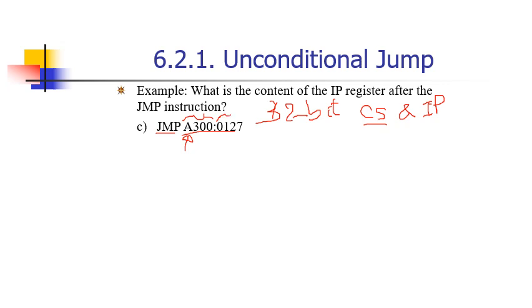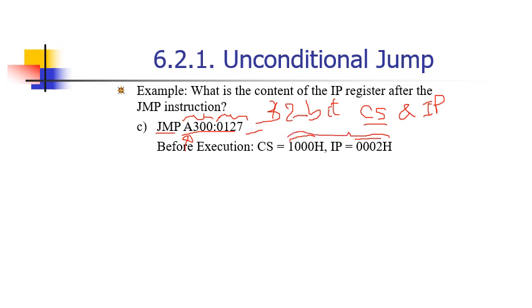And within this new code memory segment, you will start executing a program whose starting address is 0127. So before execution, these are the values of CS and IP.